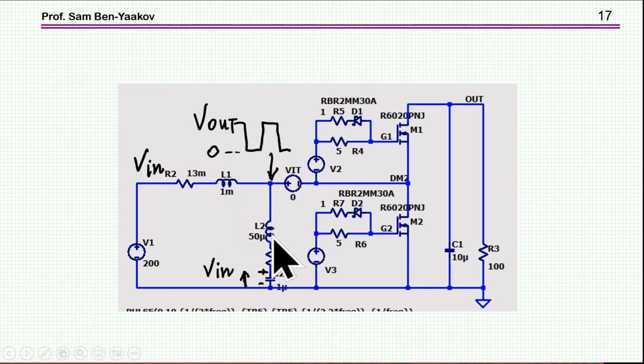On the other hand, this one has no DC, so we are not pushing the magnetic flux up on the BH curve, and consequently this will be a smaller inductor than it will be in the BCM. As far as the ripple, it's the same thing, because they are subjected to the same waveform.